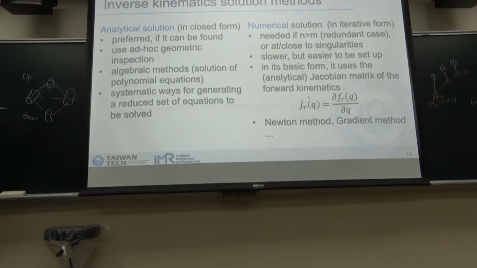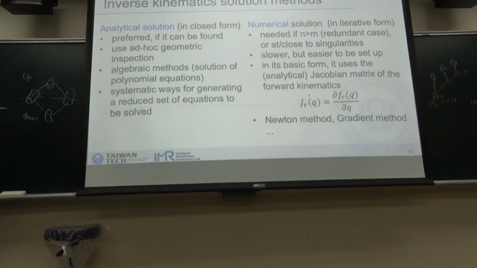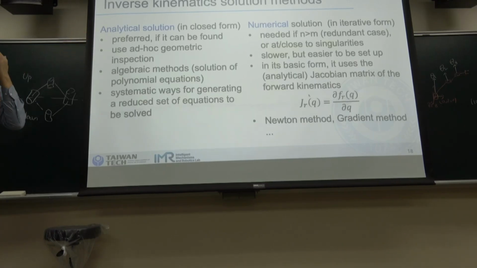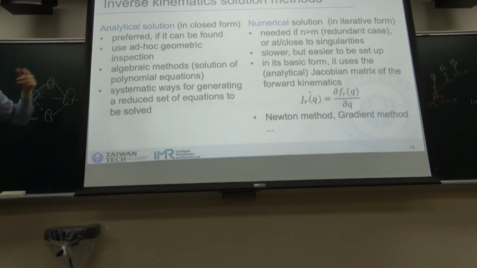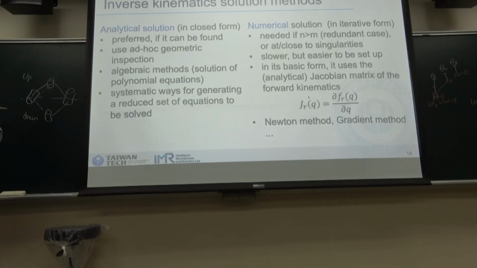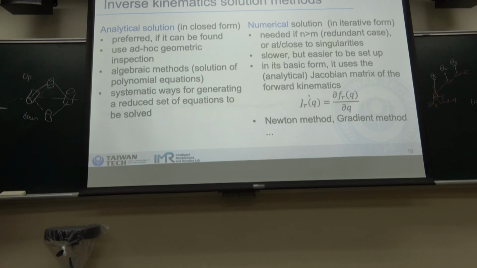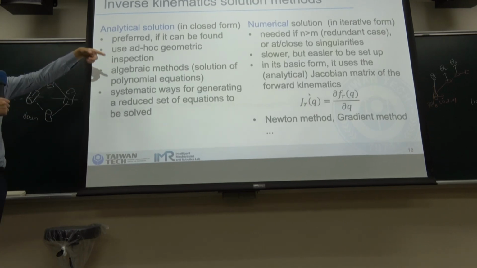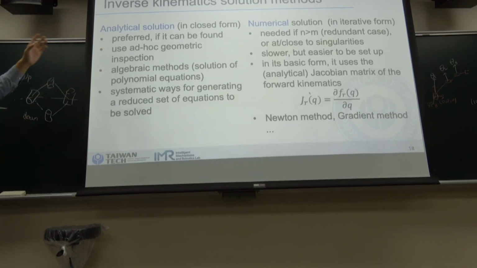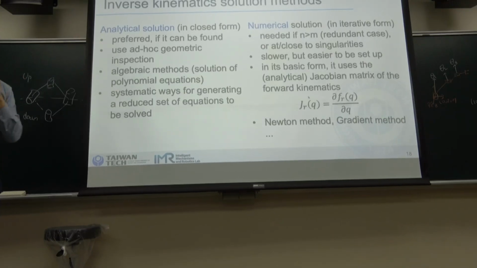So in general, there are 2 kinds of methods to solve the inverse kinematics. The first one is the analytical solution, which we'll be doing today. It's preferred if it can be found, although this kind of solution can be difficult to find.